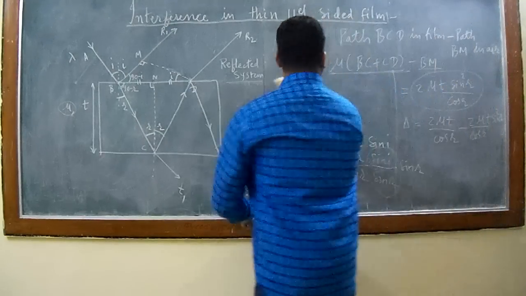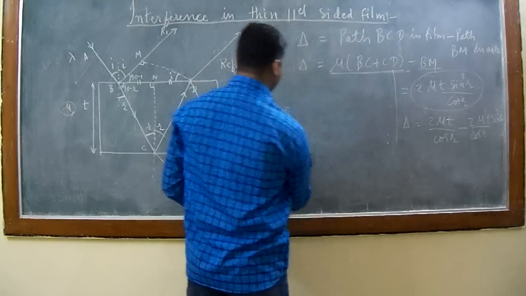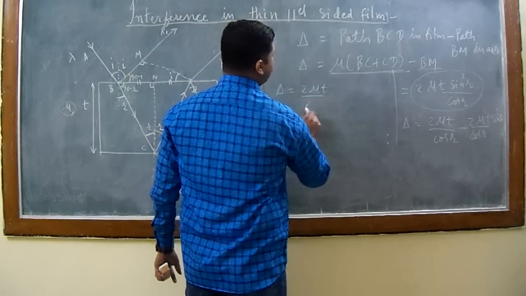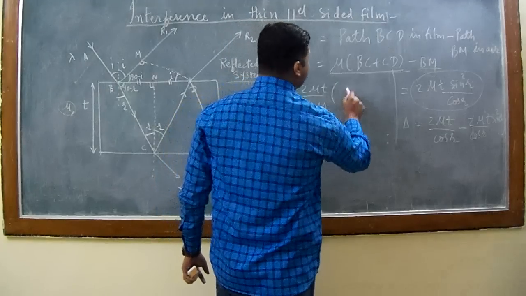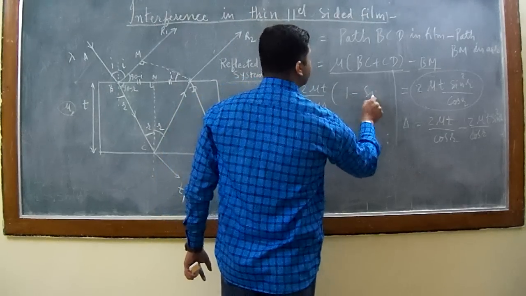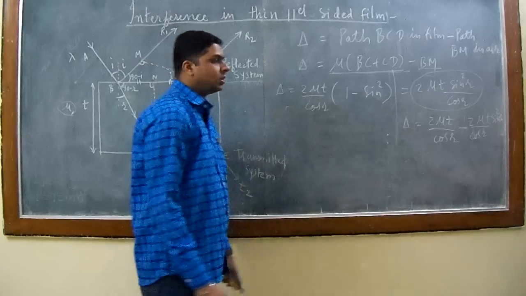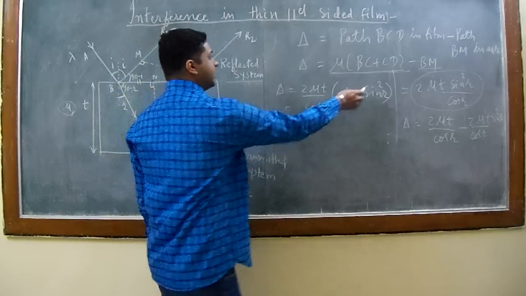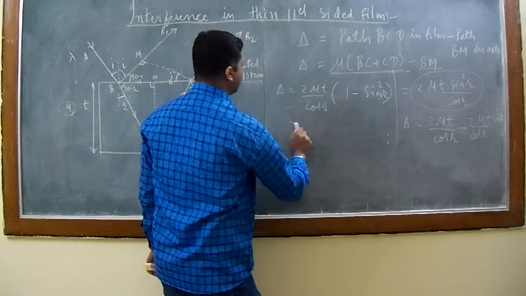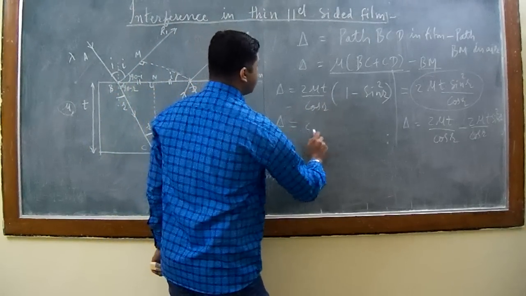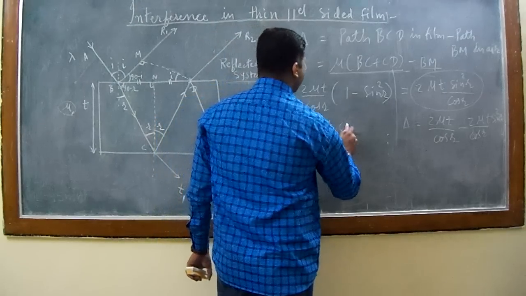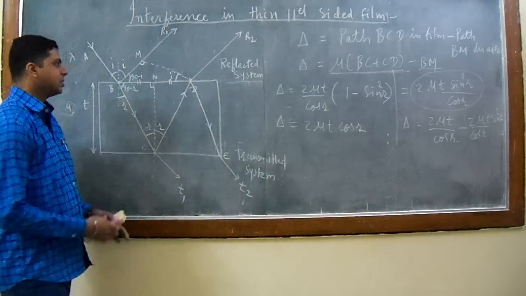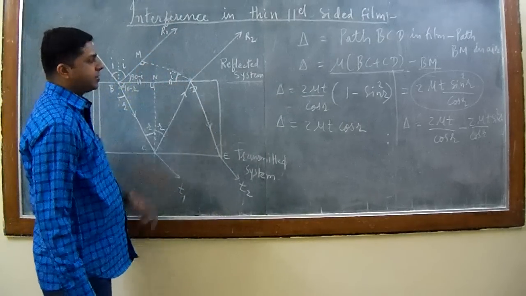So we take out the common 2 times mu into t upon cos r, and we are left with 1 minus sin square r. But as 1 minus sin square r is nothing but cos square r, cancelling that cos r with the denominator, we are left with path difference as 2 times mu into t into cos r. So this is the optical path difference between the rays in the reflected system.